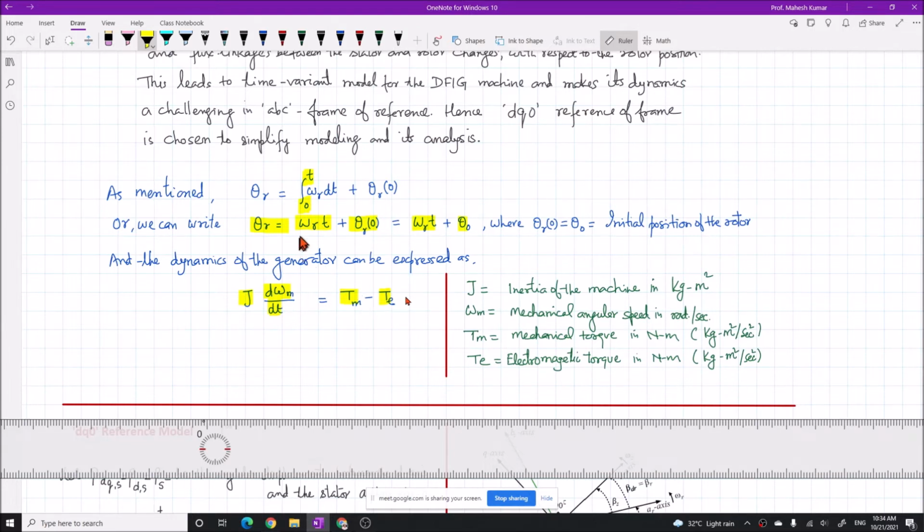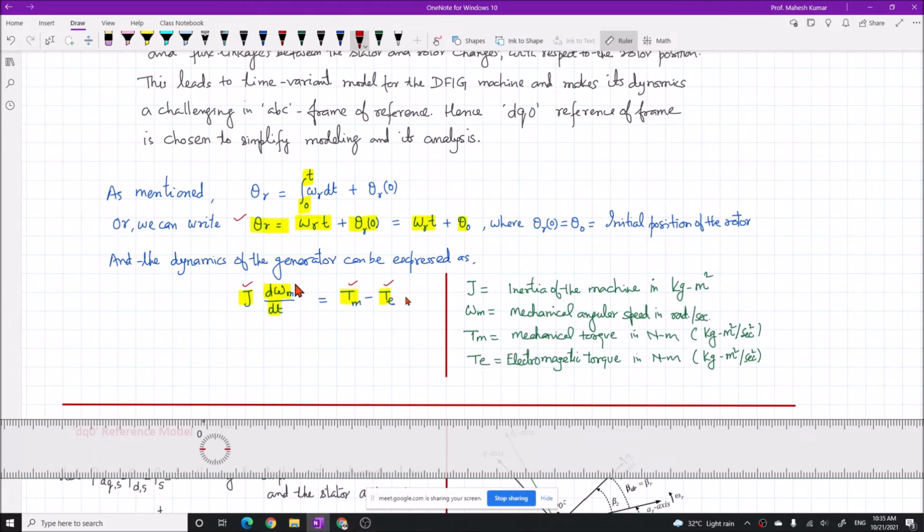So these are the equations governing the mechanical dynamics. J is the inertia of the machine in kg meter square. Omega m is the mechanical angular speed in radian per second. Tm is the mechanical torque in Newton meter, and Te is the electromagnetic torque in Newton meter.